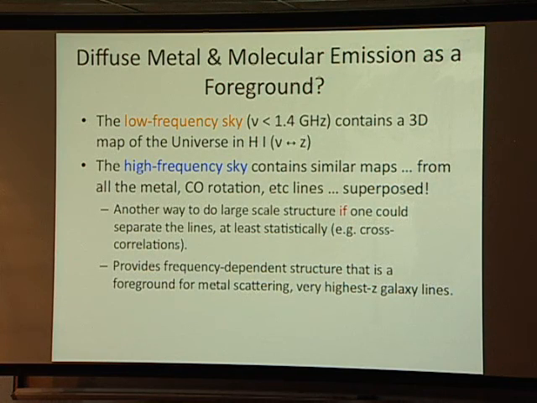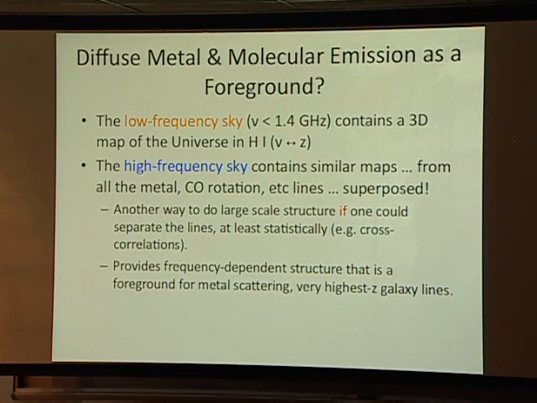There are several people in this room who are working on looking at that. The high frequency sky, if you go to the millimeter range, should contain similar maps, all of the carbon to the CO lines, all of those lines are making 3D maps on the sky. And if you do the sort of diffuse emission thing, they're all superposed.